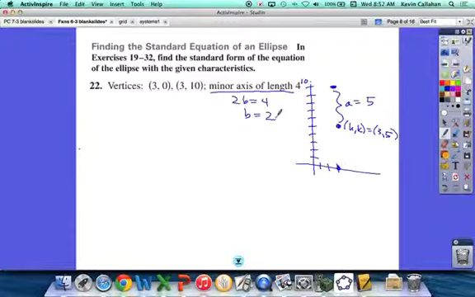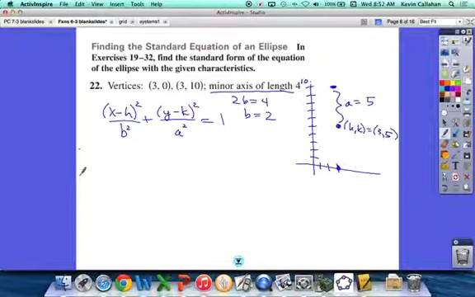Now, do we need the vertical or horizontal version of the standard form? It's vertical, right? They said the vertices are along the major axis, so we need this one: (x minus h) squared over b squared plus (y minus k) squared over a squared equals 1.